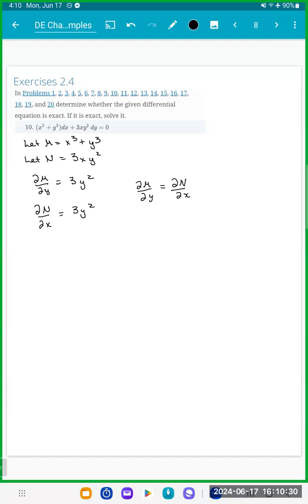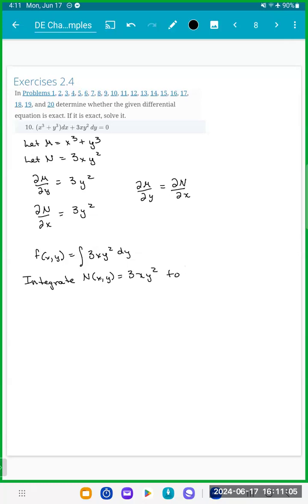And so let's now set our f of x,y equal to the integral of 3xy squared dy. Okay, when we integrate this, so integrate in y of 3xy squared, right?